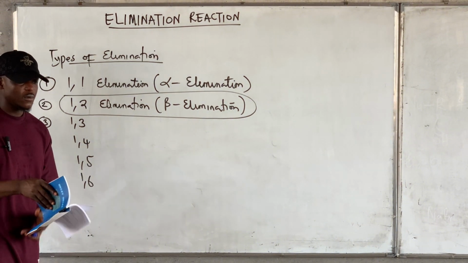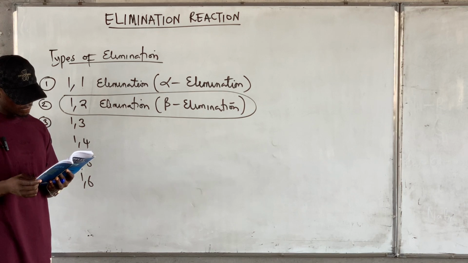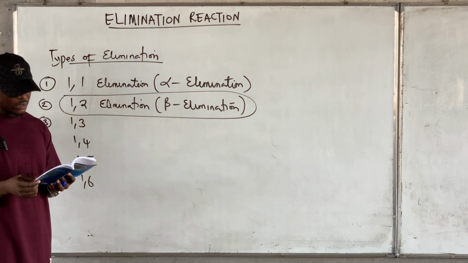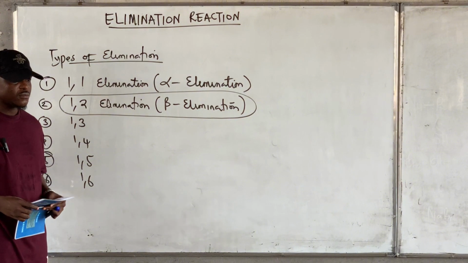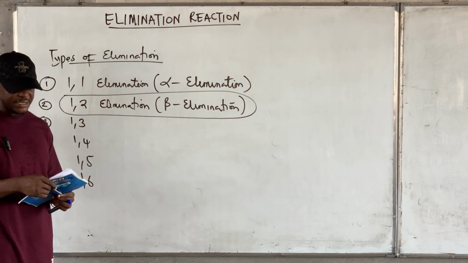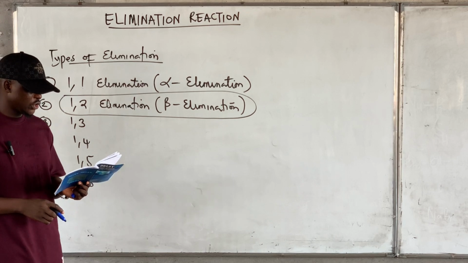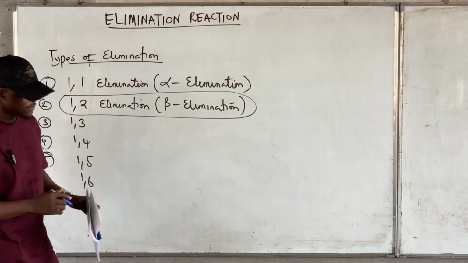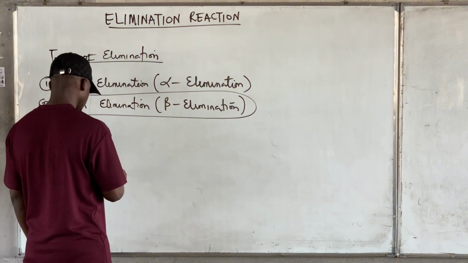Note: 1-5 and 1-6 elimination always lead to cyclization, that's formation of a ring.